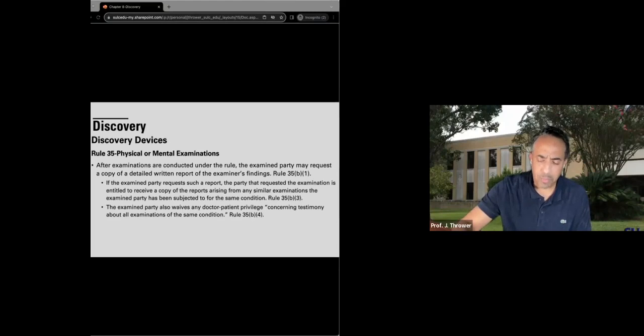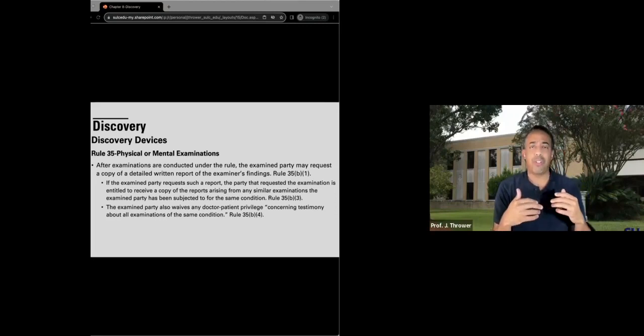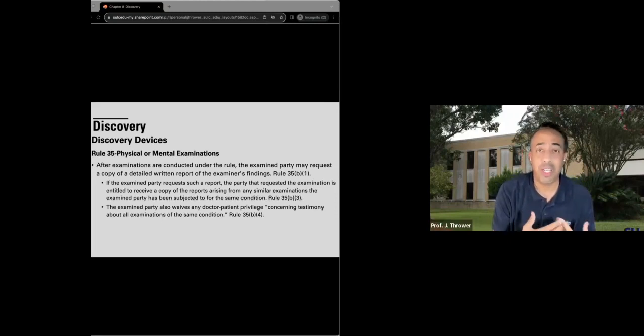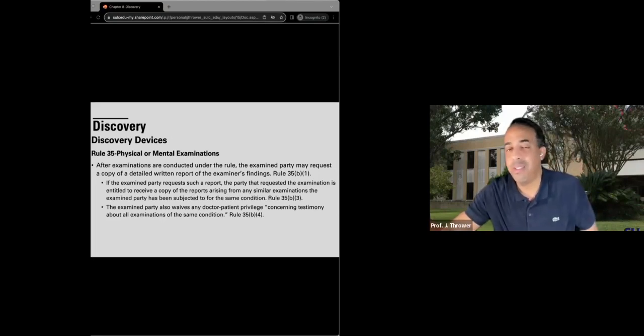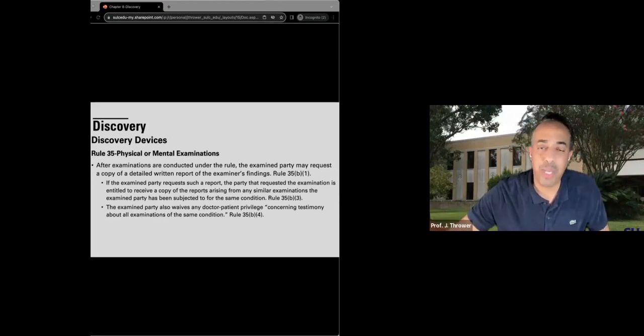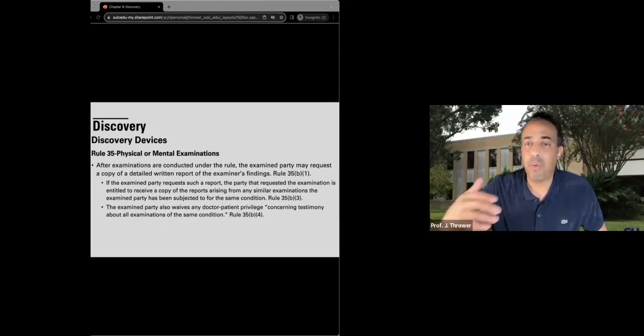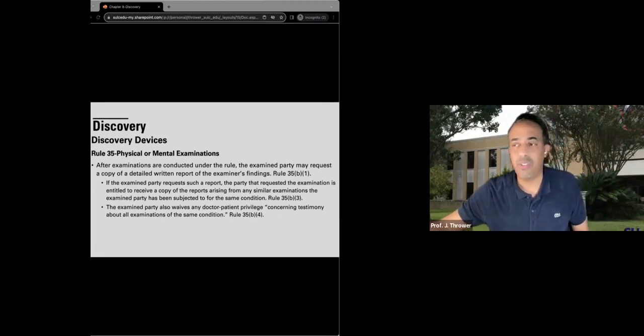So if the plaintiff in our example has a treating physician, and this treating physician has authored any sort of report as to the necessity of the neck surgery, then that treating physician has to provide a copy of his report to the opposing party. Finally, the examined party in these instances waives any doctor-patient privilege concerning testimony about all examinations that relate to the condition that is examined under the rule.